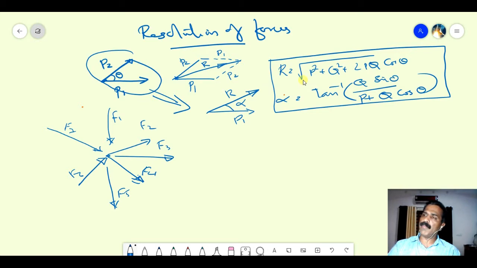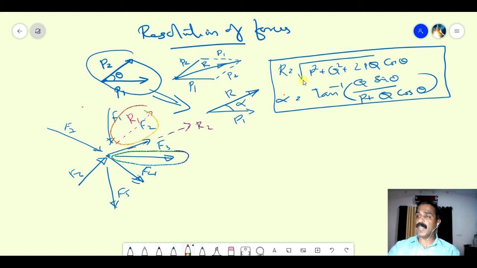We can make use of the same parallelogram law, taking a pair of forces first and finding the resultant, let it be R1. Then consider this resultant and the third force, find the resultant, let it be R2, then consider this one and the fourth one, etc. In that way we can proceed, and finally we can get a single resultant.